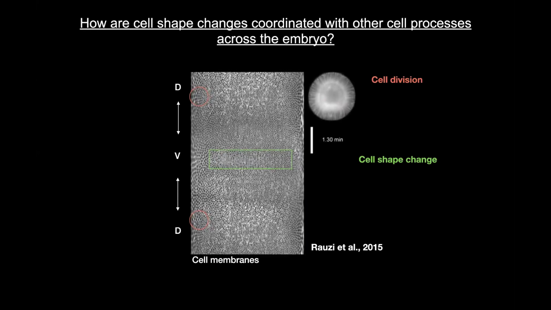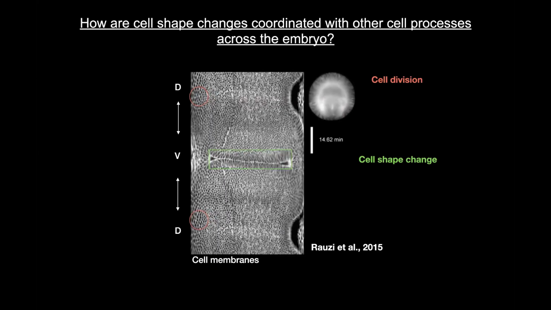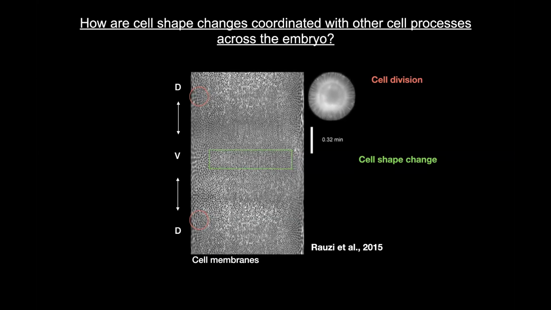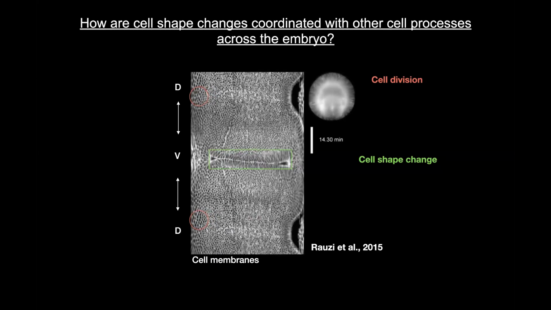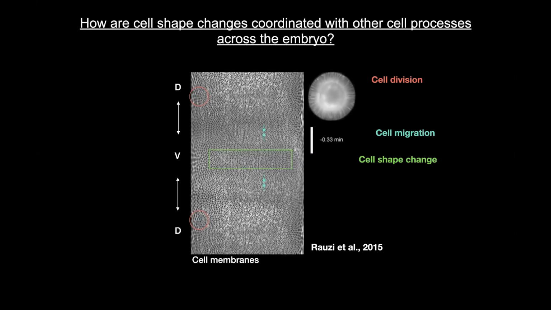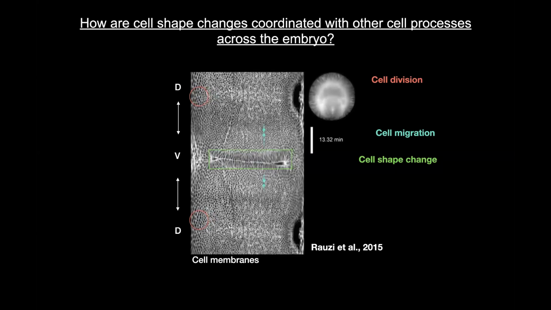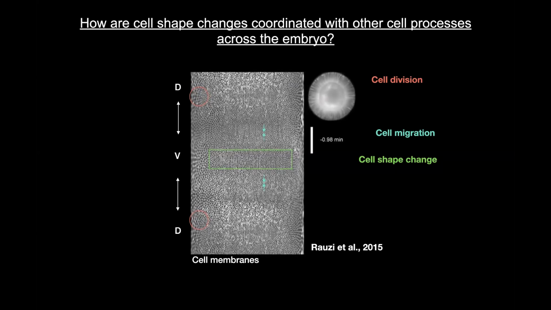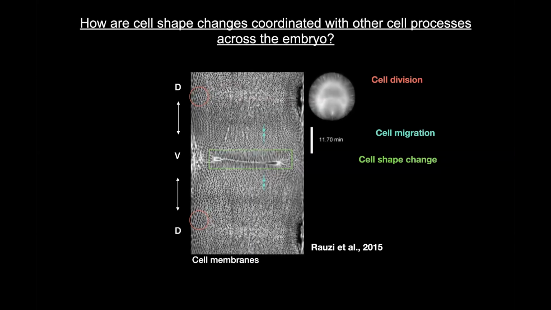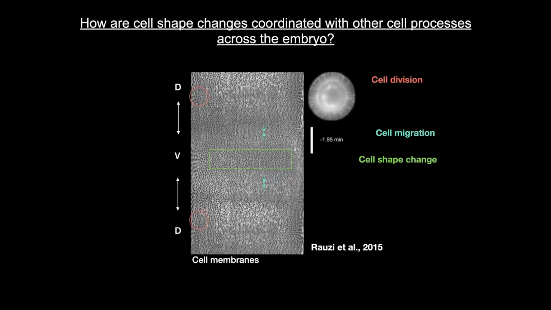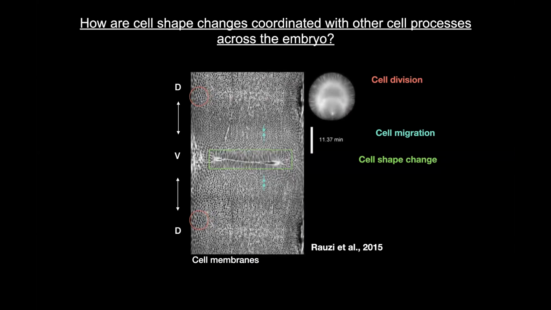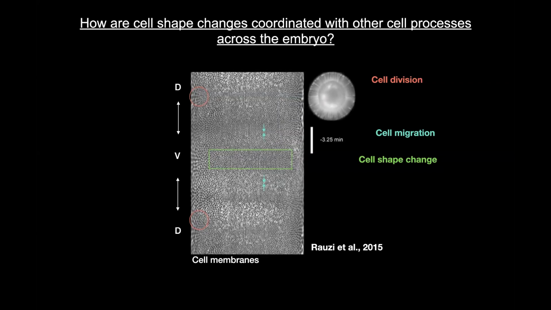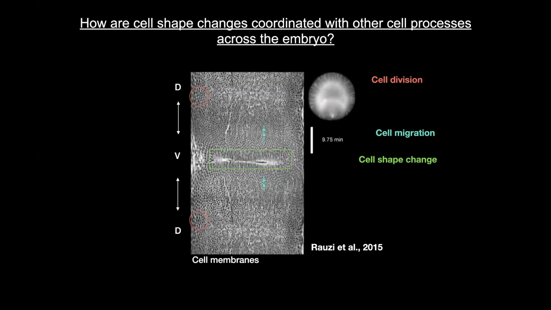In addition to these two behaviors, between them there are cells of what's known as the germ band, where cells migrate between each other and intercalate. This both causes a flow ventrally and also causes the initiation of axis elongation in the embryo. So all of these things are coordinated.